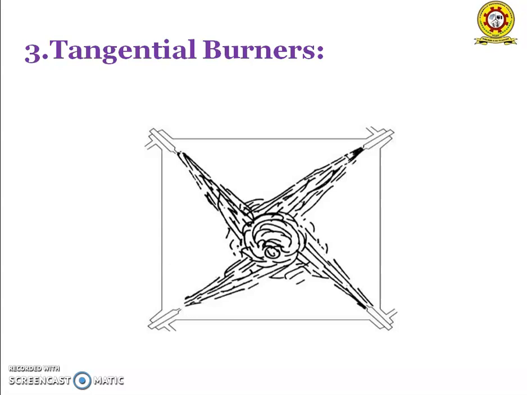This promotes a vortex or swirling action in the flame, which gives rise to turbulence, which ensures complete and rapid combustion of the fuel, and effective and uniform distribution of the radiation. Secondary air enters the box and ensures burning at the nozzle. So this is the working of the tangential burners.